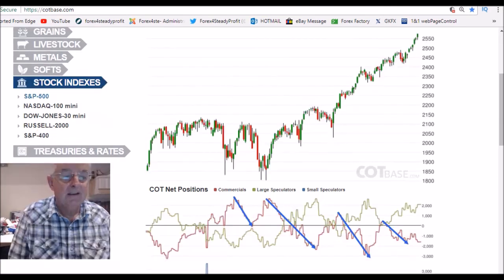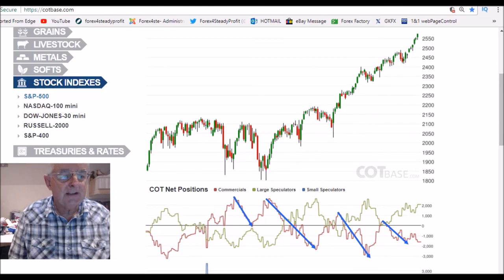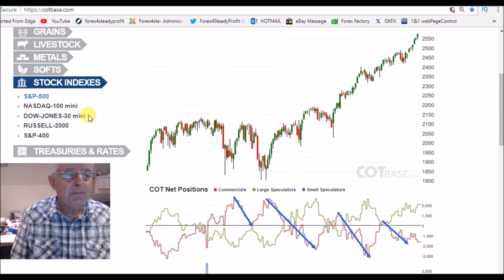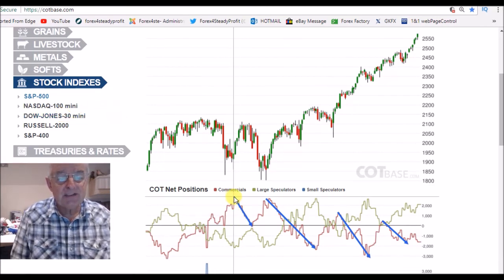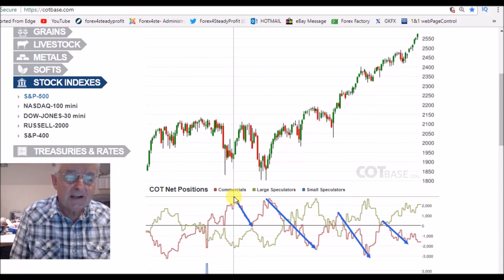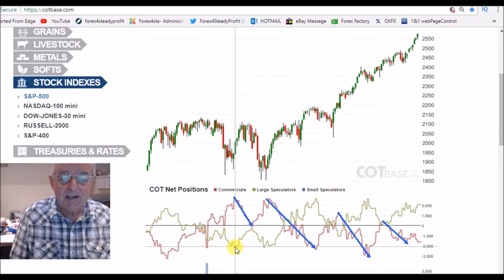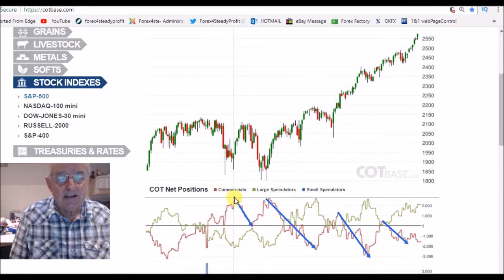Okay, thank you. S&P 500. Because it is in an uptrend, basically what you would have been looking for with the commitment of traders report would have been these extreme positions here. So you've got an extreme over bullish commercials and extremely bearish speculators, and as it moves down, obviously you gain in price.